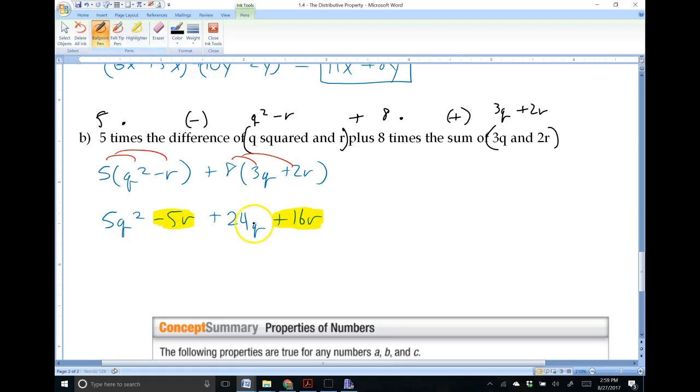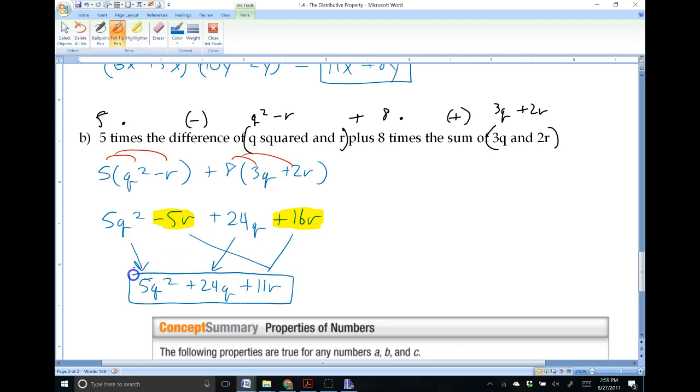Although you may think that the q's can be added up, one has a q squared and the other one has q to the first. So we actually cannot add them up. So that means that the only things we can combine are these two guys, which turns out to be positive 11r. So then everything else just drops down and gets rewritten. So like 5q squared plus 24q. And that is our solution.